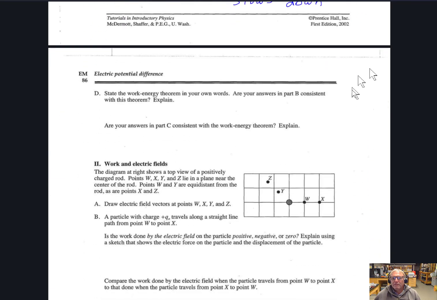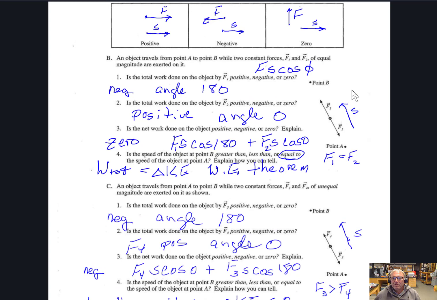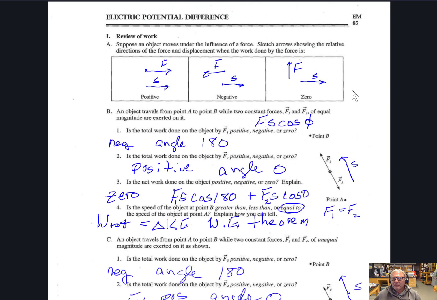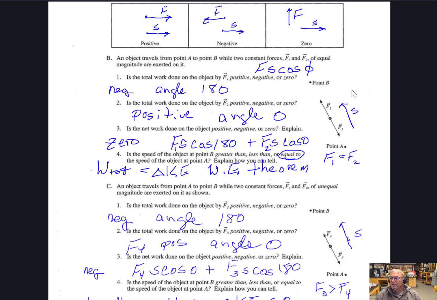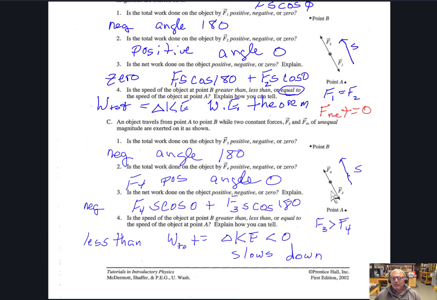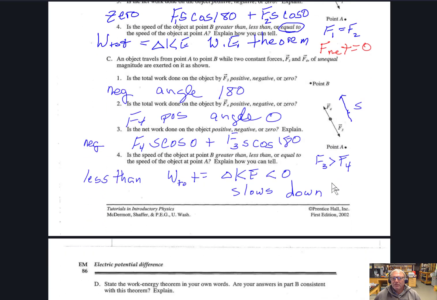State the speed of the object. Okay, I suppose then, strictly speaking, F net equals 0. Well, let's see.